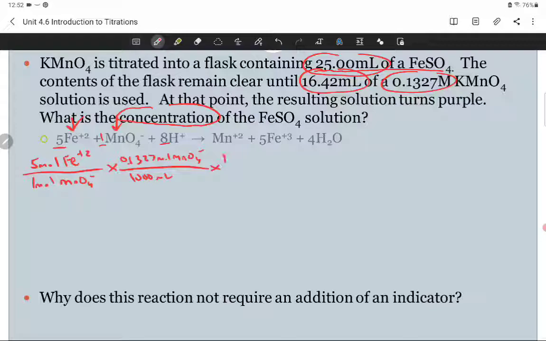We were told how much we needed to titrate of the permanganate. And then to get it in concentration, we need moles per liter. And we were given 25 milliliters, which is 0.025 liters. So that's going to be all that is required to get that answer.